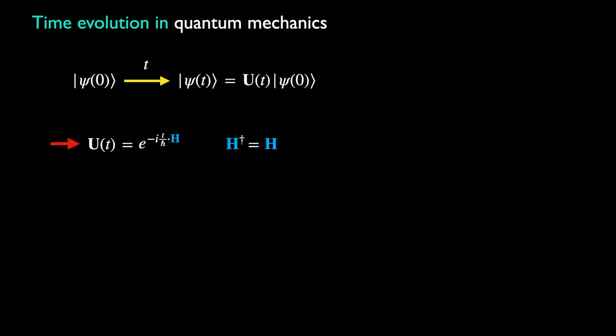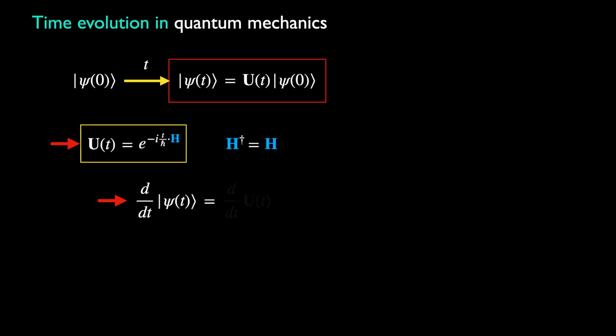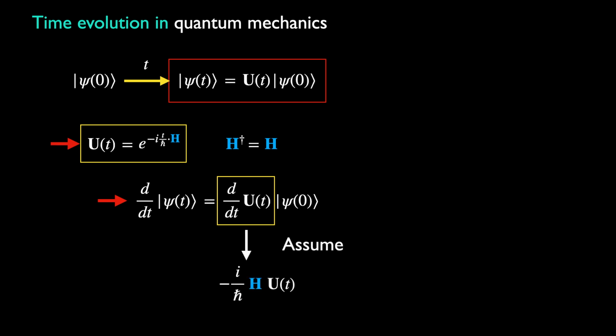The operator U of t transforms the initial state into a state at time t, and is known as the time evolution operator. Let's calculate the time derivative of the state at time t. Using the expression for U above, we have the following. H is assumed to be time independent.